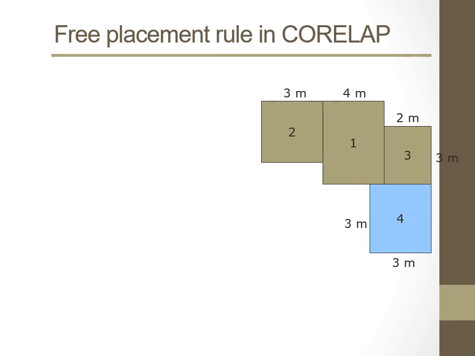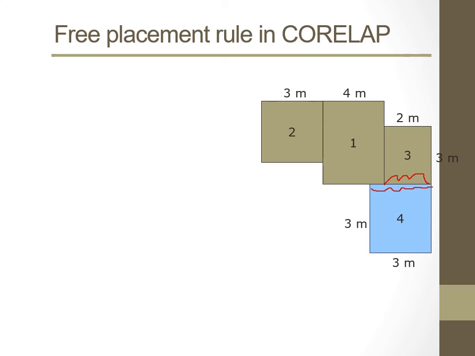On the other hand, what about the boundary length? The boundary length will be equal to the total sum of the length that this department 4 shares with the previously placed departments. So we know that this is 2 meters from here, right?